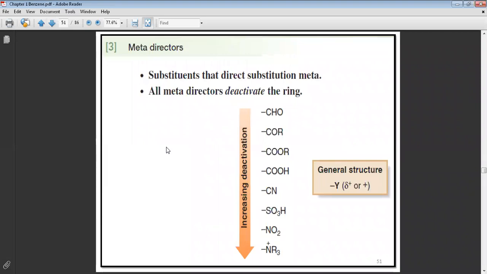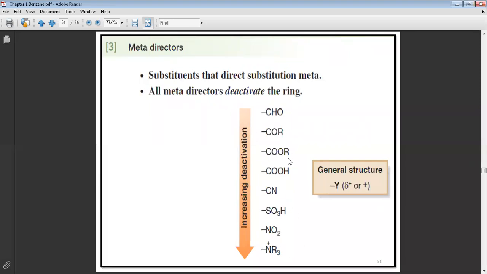Meta directors are substituents that direct substitution to the meta position. That means all these groups orient the new group to the meta position. All meta directors are deactivators.